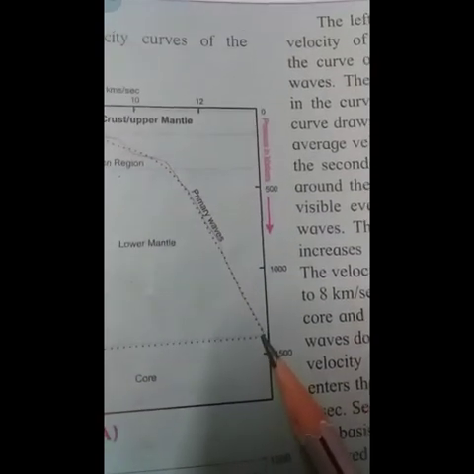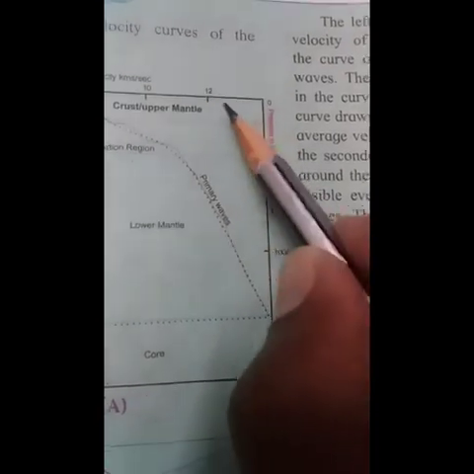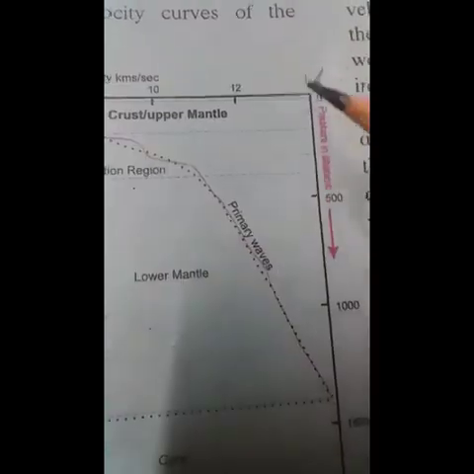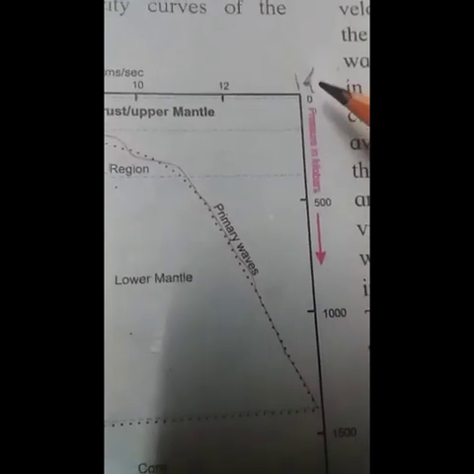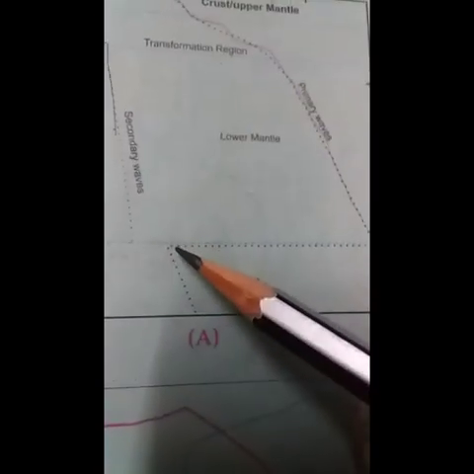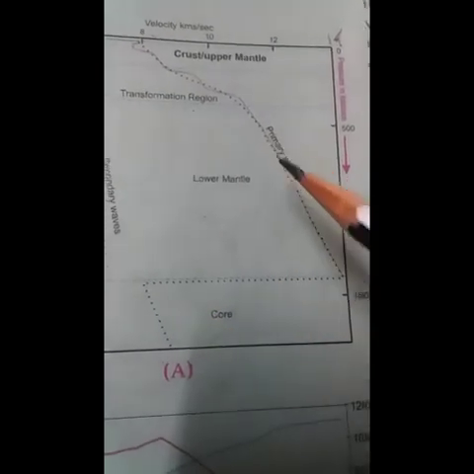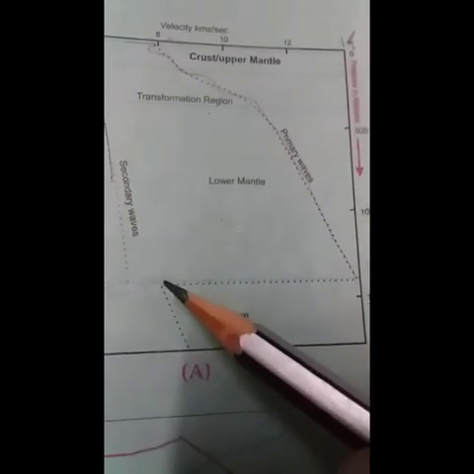Near the boundary of core, the velocity of primary waves is 14 kilometers per second, and as these primary waves enter the core, the velocity of primary waves reduces.